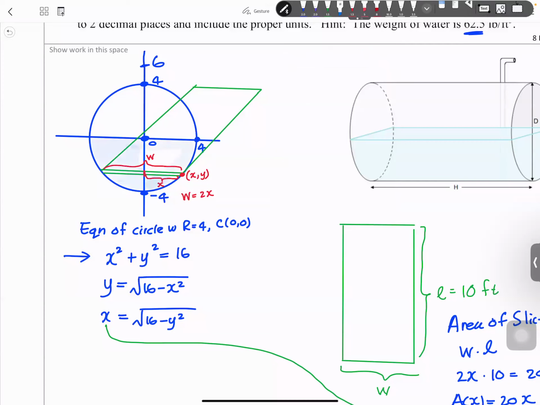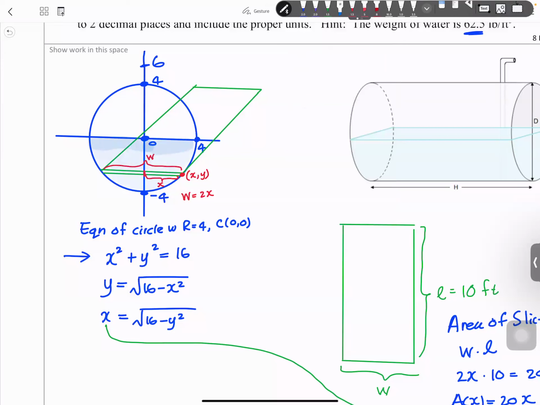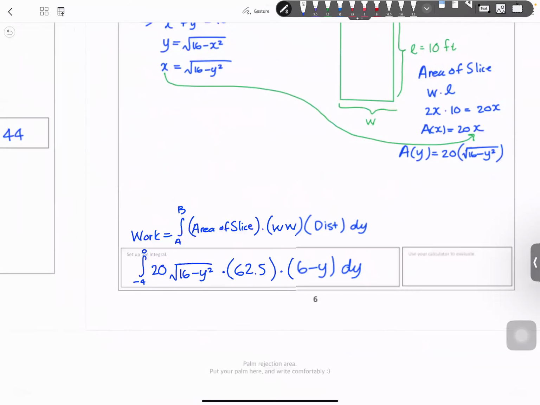This is where the water is at, everything that I'm shading. Maybe I need to shade it a little bit darker. All right, here's where the water is at. Can you see that better now? Okay, that's where the water is at. All right, so the water is between -4 and 0. So that goes on the bounds of my integral.